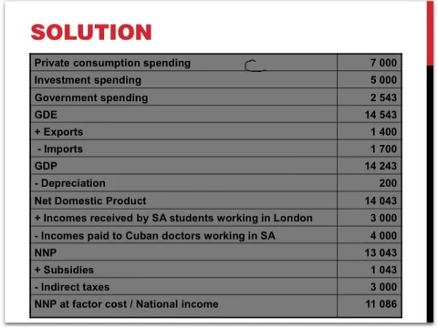adding investment, adding government spending, and this gives you gross domestic expenditure. Adding the exports and minus the imports gives the GDP at market prices. Subtracting depreciation gives you the net domestic product. Then you add the incomes received by the factors working abroad. That's the South African students working in London.